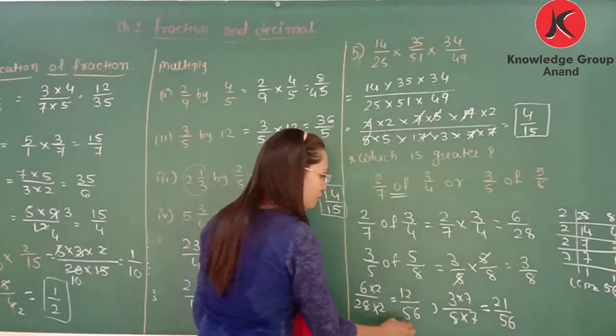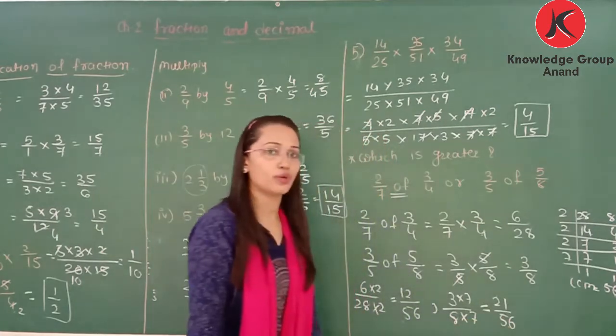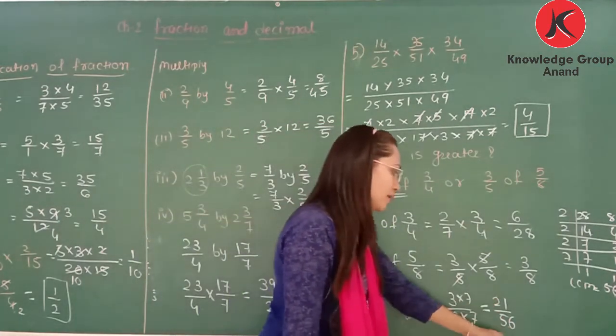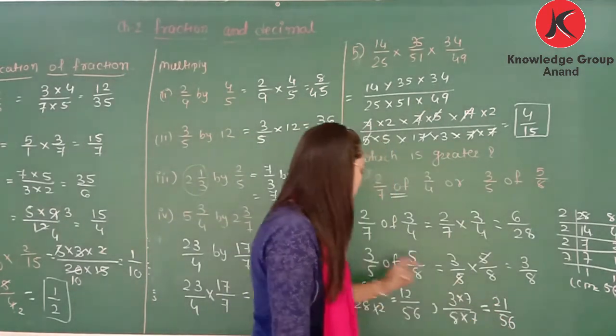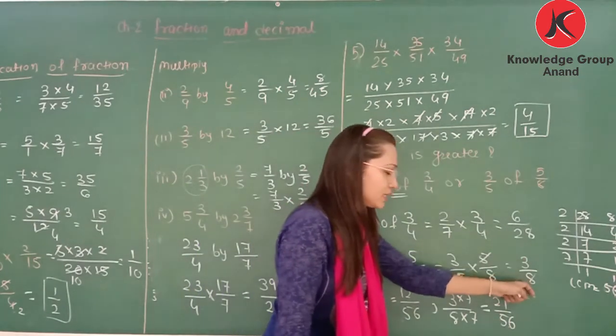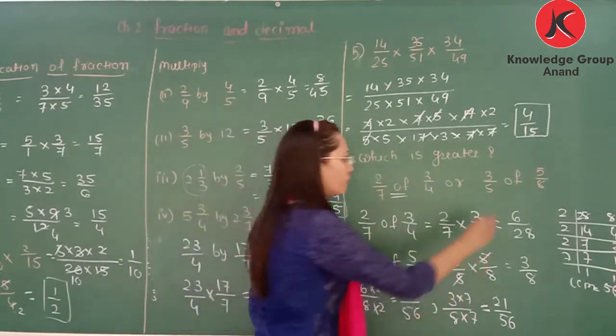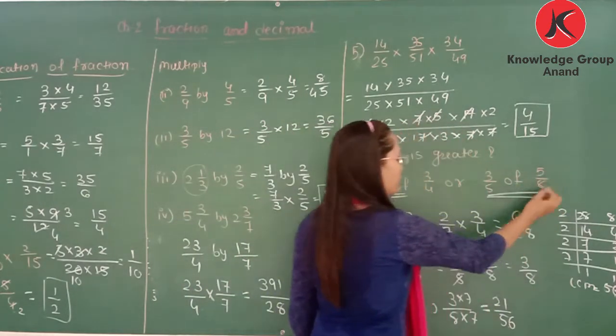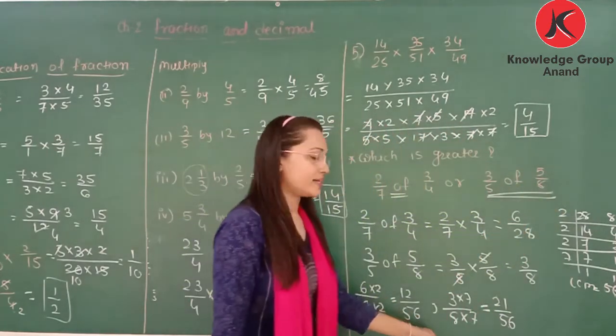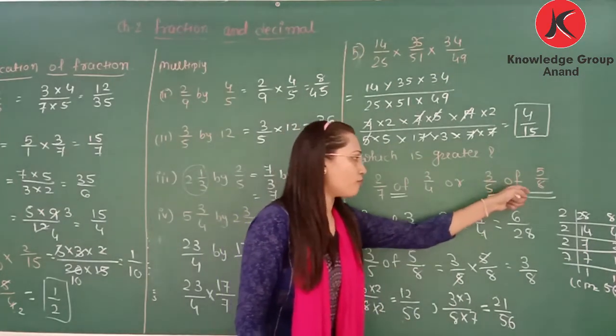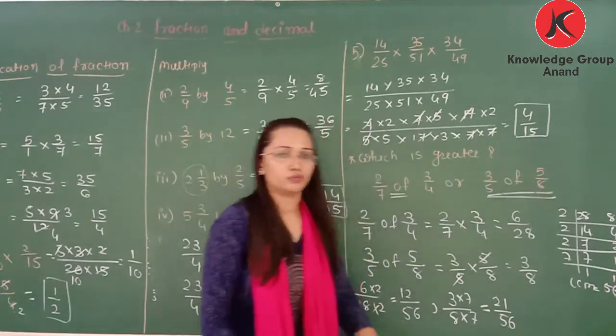Now compare 12 by 56 and 21 by 56. Which one is greater? 21 by 56 is greater. It means 3 by 8 is greater, and this is nothing but 3 by 5 or 5 by 8. So 3 by 5 or 5 by 8 is greater, that you can write at the last. 3 by 5 or 5 by 8 is greater.